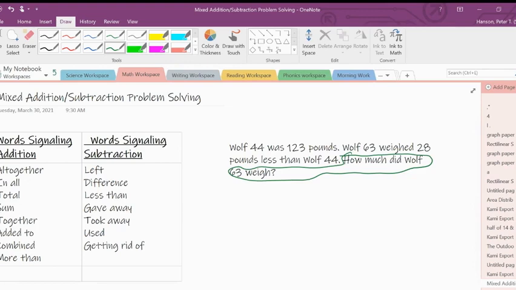If I look back up here, I can look at my information and see that I have 123 pounds. Wolf 44 is 123 pounds. And Wolf 63 weighs 28 pounds less. Okay, 28 pounds less. And that part is telling me that if it's less, this is the less than part, that's going to tell me that here I have a total, which is my 123 pounds.